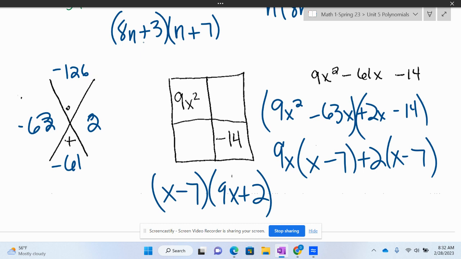And the greatest common factor in that column. Both terms are negative. So you need to take out a negative 7 because one of your terms has to be positive, one has to be negative. Good job. So you have 9x plus 2.